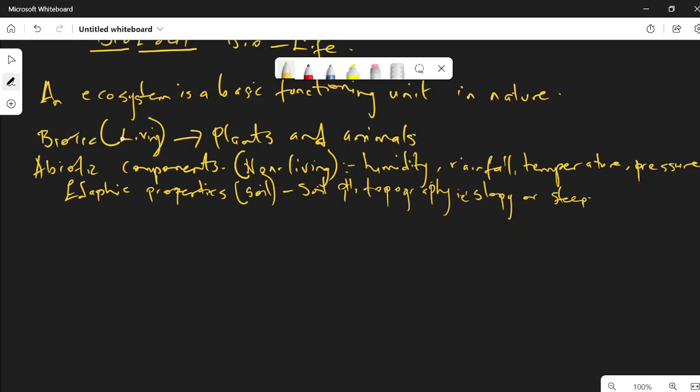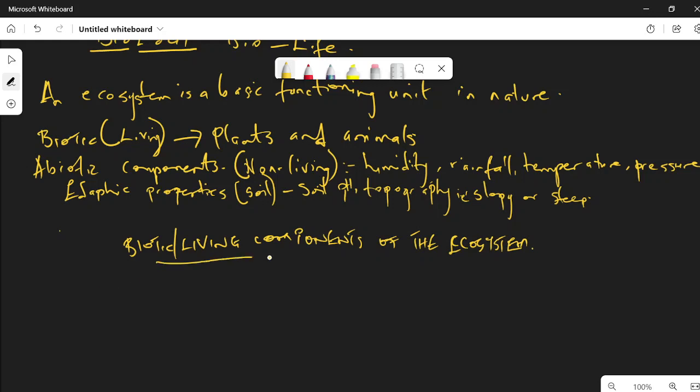So when we talk about the biotic components, there are basically some components that we'll be talking about, and those are the biotic or the living components of the ecosystem.